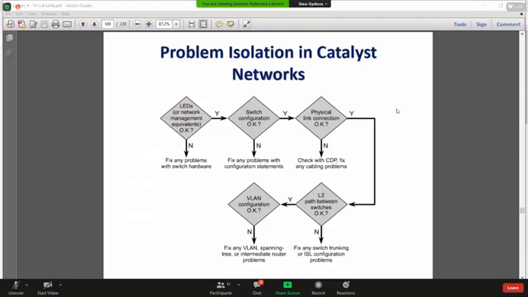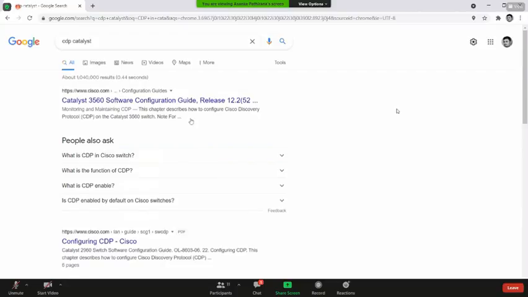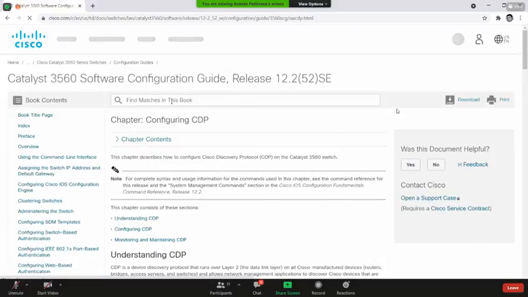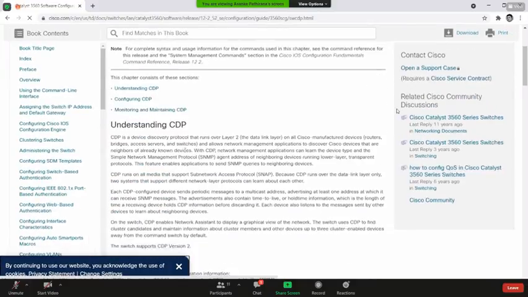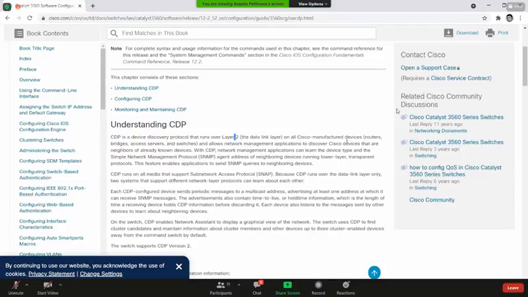I have never explicitly used that one, but I understand it is a discovery protocol that runs over layer 2 on all Cisco manufactured devices and allows network management applications to discover Cisco devices that are neighbors of already known devices.